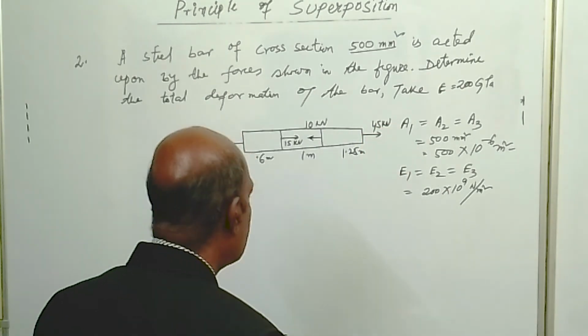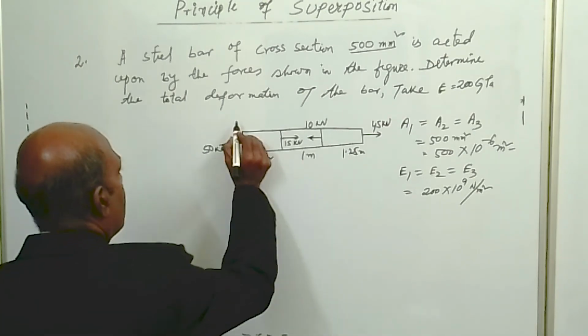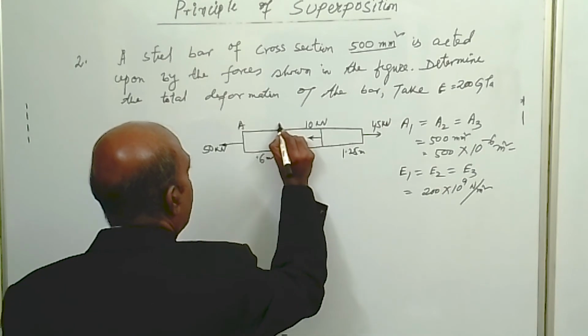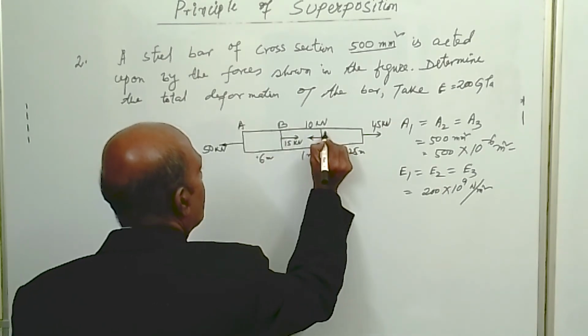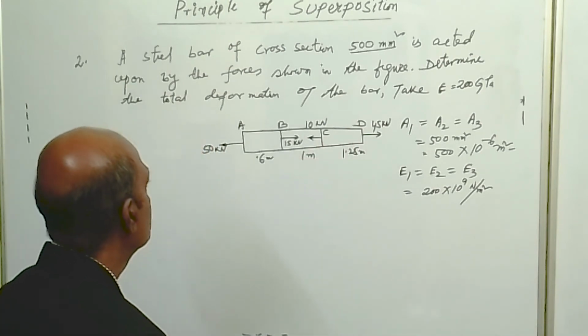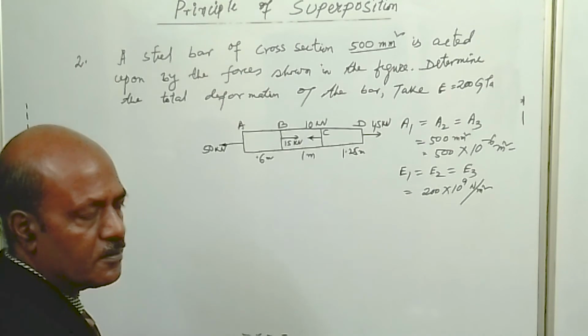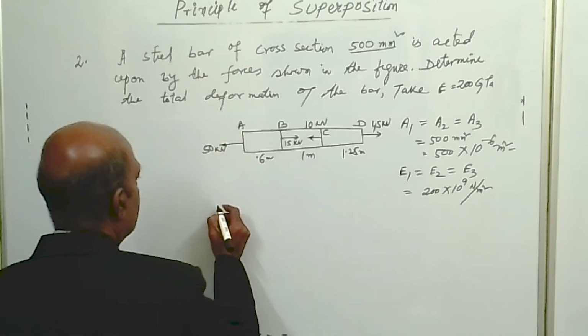So first we will draw the free body diagram of this body, and the points of the body are named A, B, C and D. So AB, BC and CD, 3 segments. So respective forces are given.